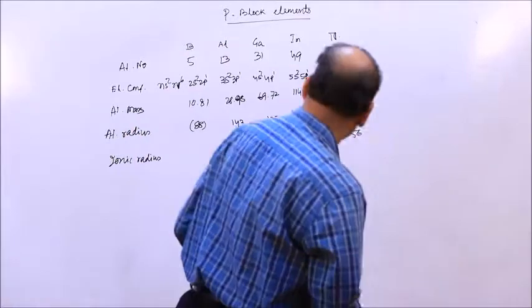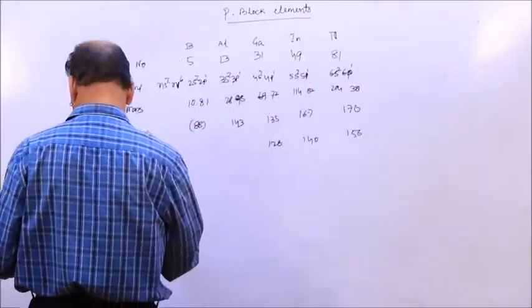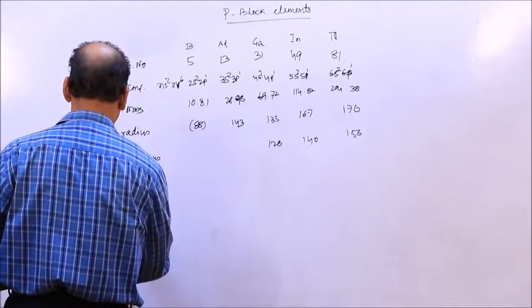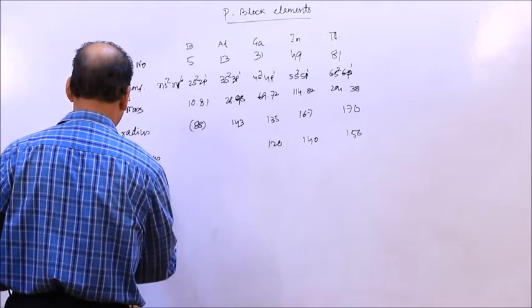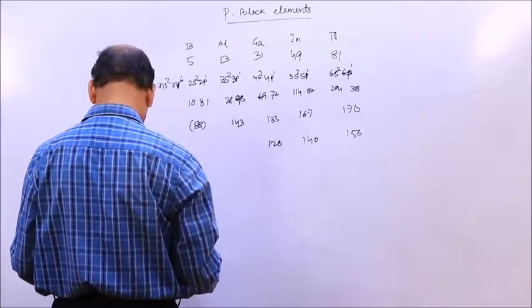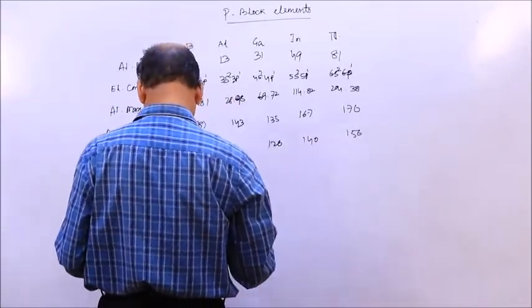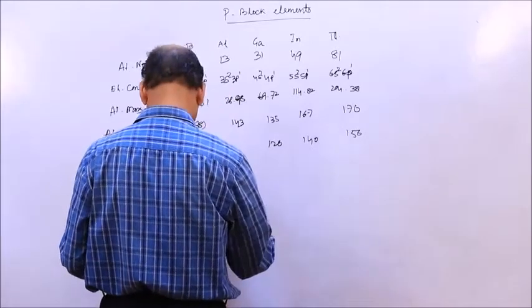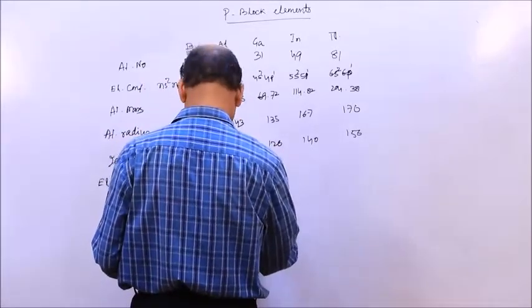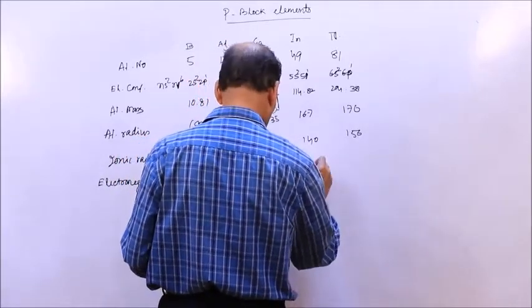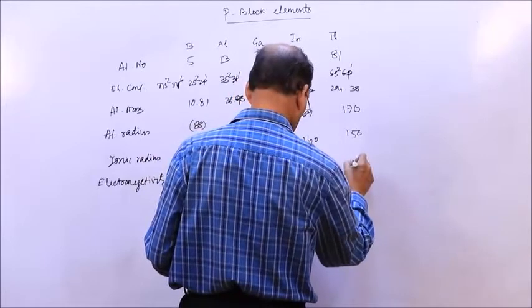And accordingly the electronegativity also decreases from 2.0, 1.5, 1.6, 1.7 and 1.8.